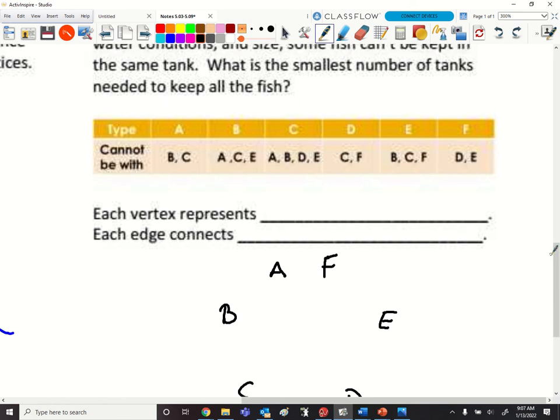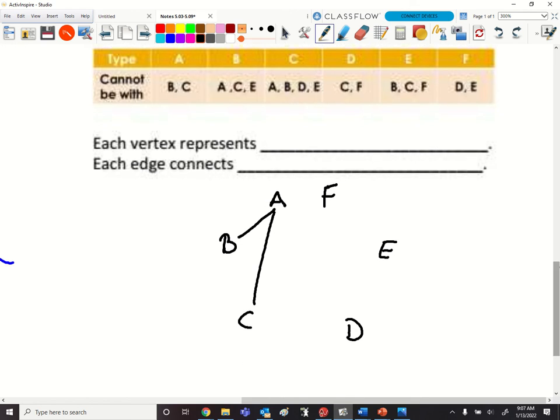So, in this one right here, we're going to put some relations. That means there's going to be connections in between them. So for this one, type A cannot go with B or C. So type A cannot connect to B or C. Type B cannot connect to A, C, and E. Right?